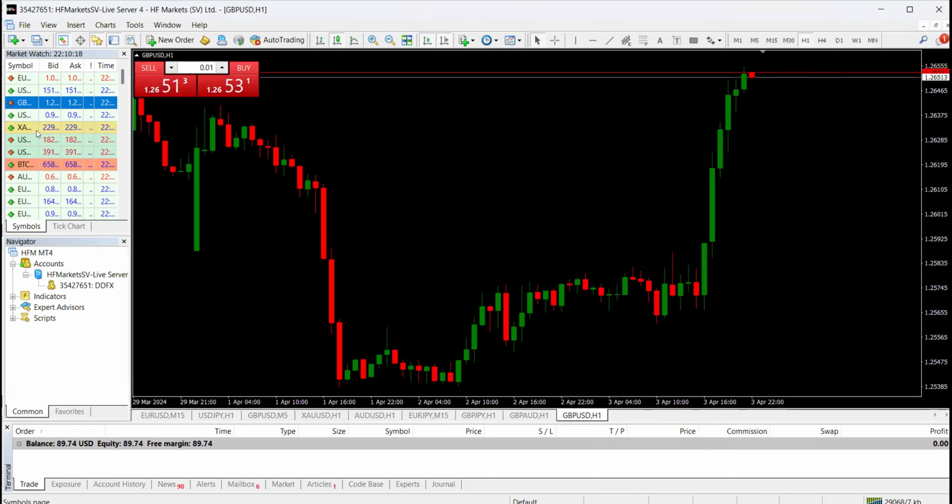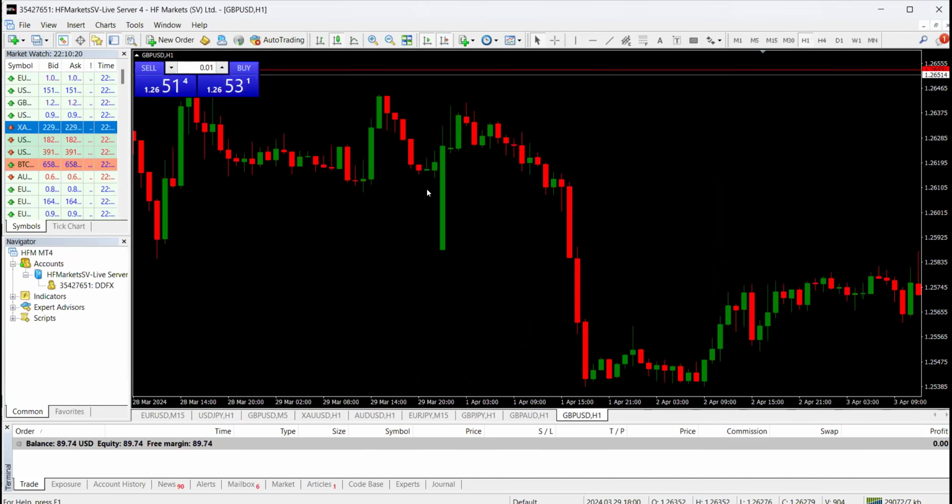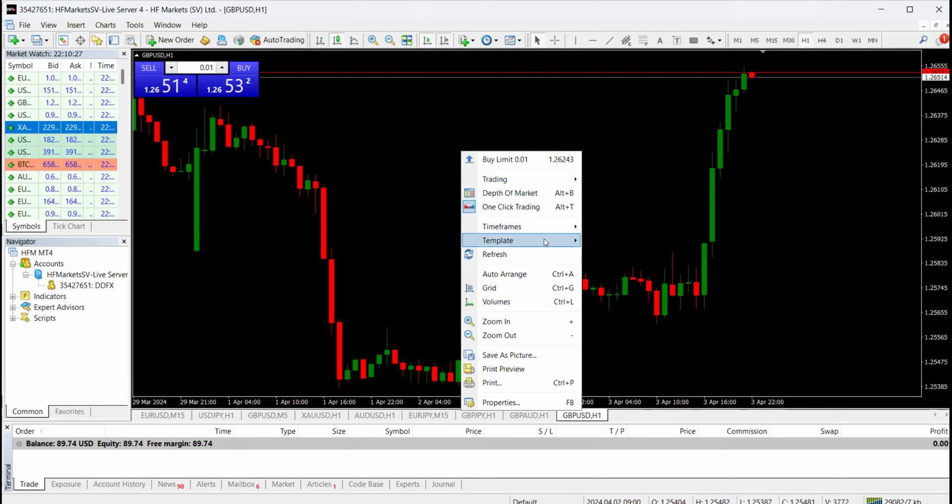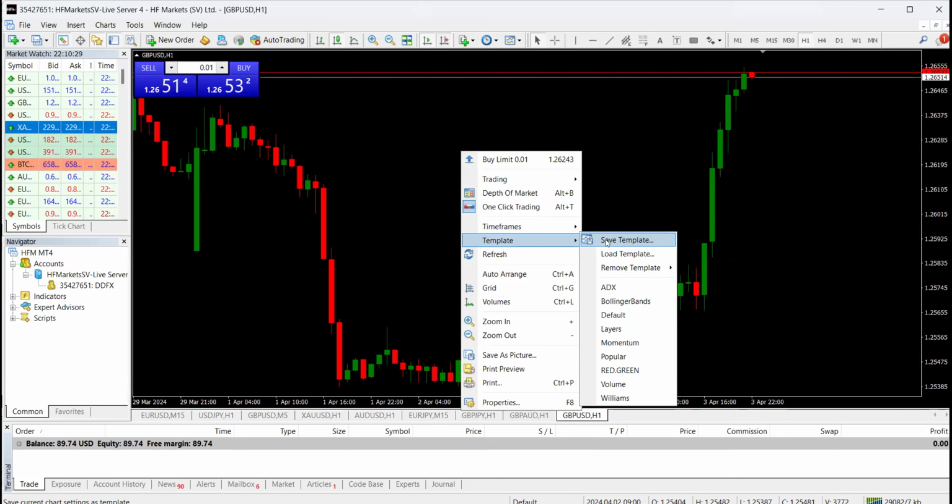Now, if you open a new chart again, you'll see the old one. You don't see the new one, right? When you are done, you can right click, come to templates and save. I've already saved it as red dot green. So you can save it so that anytime you open the chart, you don't have to go through properties and all that stuff.